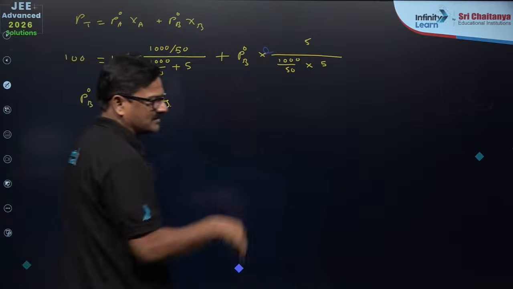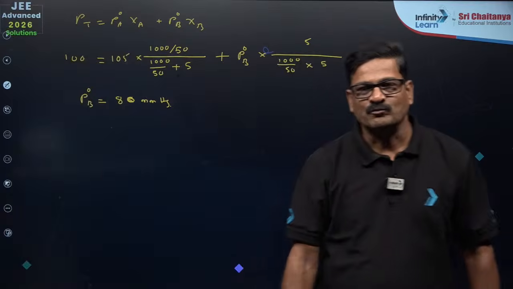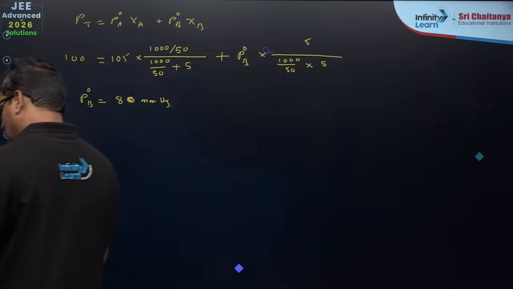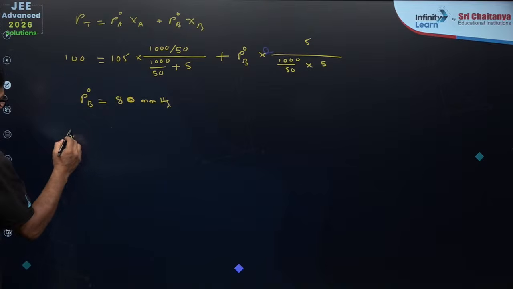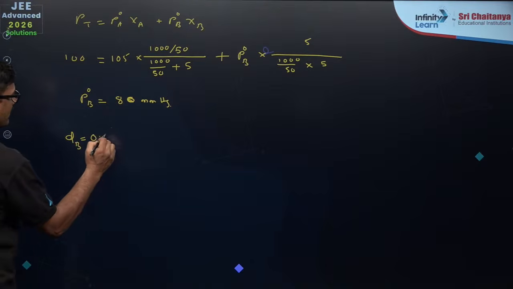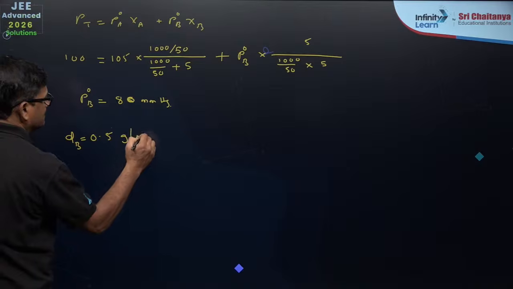So this part you can calculate, and from there you can calculate the mole fraction. The density of B is given as 0.5 gram per milliliter.